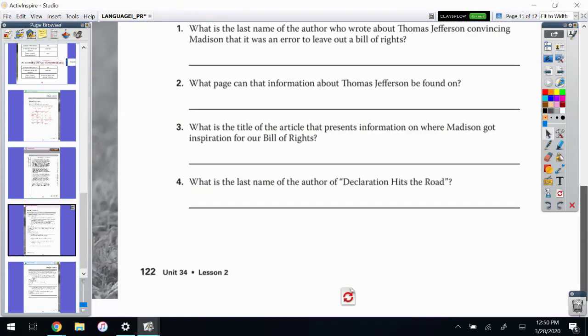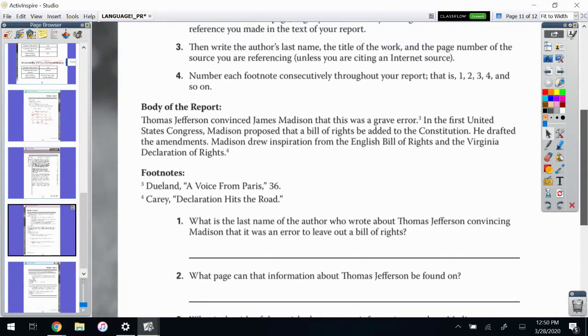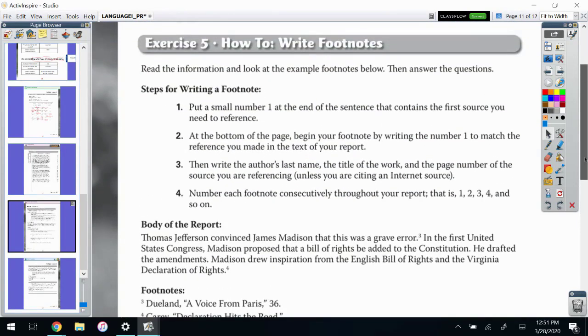Turn to page 122 in your interactive text. Read the information and look at the example footnotes below, then answer the questions. Let's look at steps for writing a footnote. Number 1, put a small number 1 at the end of the sentence that contains the first source you need to reference.